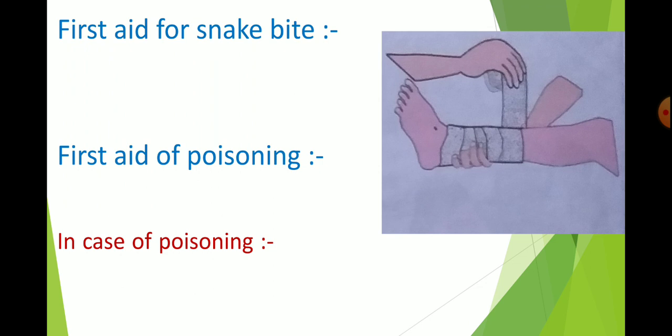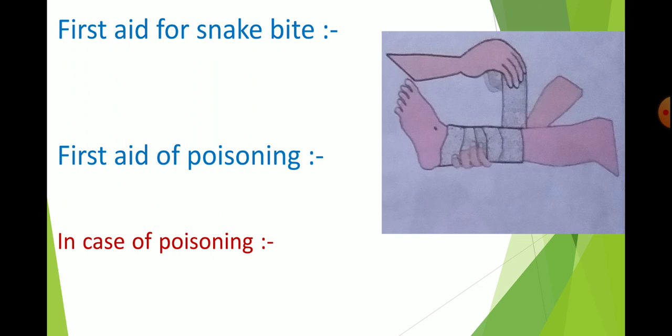So in case of snake bite, you should take the following measures. To stop the flow of blood to the heart and brain, apply a tight bandage just above the bite, and keep the victim unmoved.